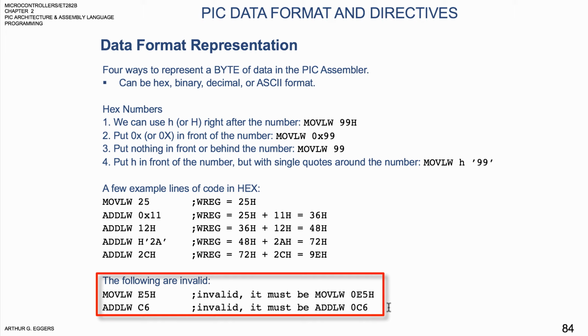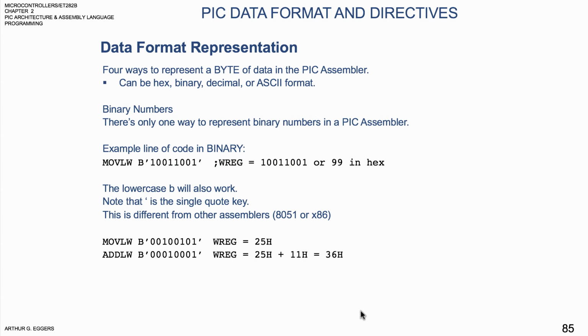So in these instructions, if the value starts with the hex digits A through F, then it must be preceded with a 0. Since it started with an E, and it started with a C, you had to put a 0 in front of it. It's just the syntax rules for assembly language.